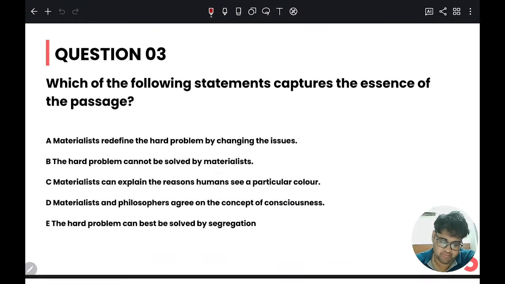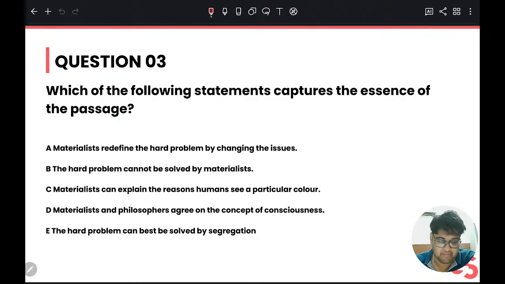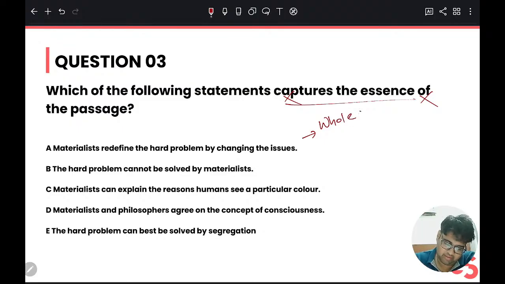Which of the following statements captures the essence of the passage? Let's see. Materialists redefine the hard problem by changing the issues. This is not the whole thing. The whole thing was kind of like solving the hard problem.